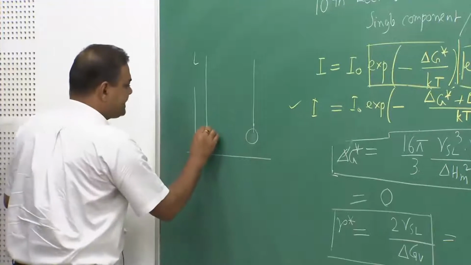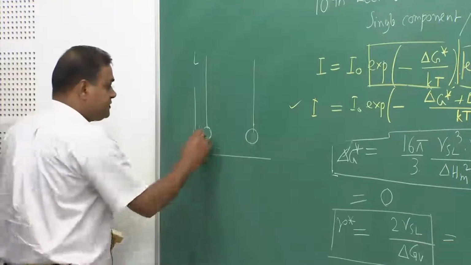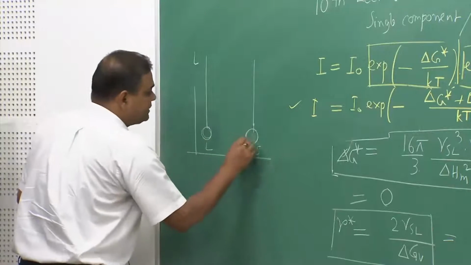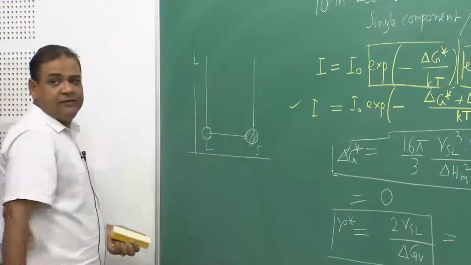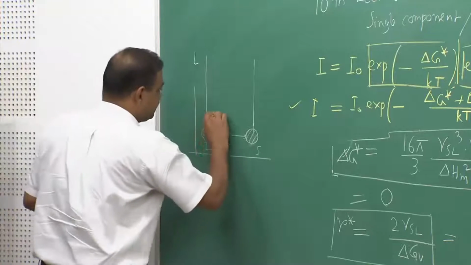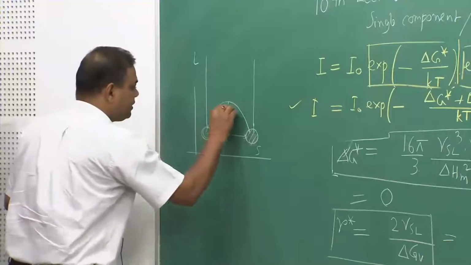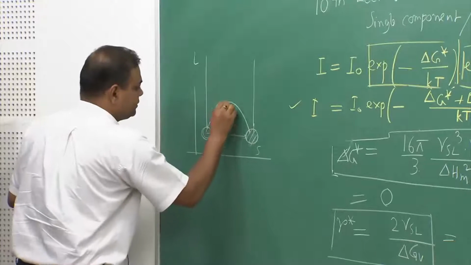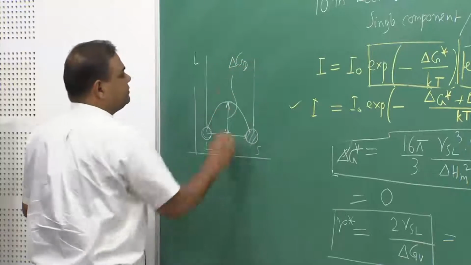Let us say this solid atom position is vacant, and this liquid atom takes the solid atom position. So, it cannot go like this. It always takes a path like this, which is governed by a kind of activation energy. So, this activation energy is nothing but delta G d.